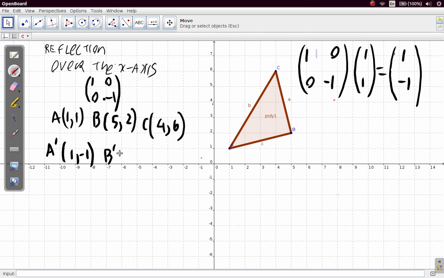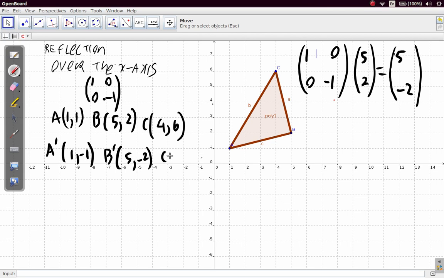What will B prime be? If we take B and multiply it, B is 5, 2. 1 by 5 is 5, plus 0 by 2 is 0. 0 by 5 is 0, plus negative 1 by 2 is negative 2, so it's 5, negative 2.